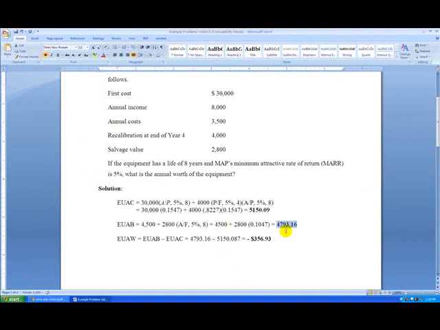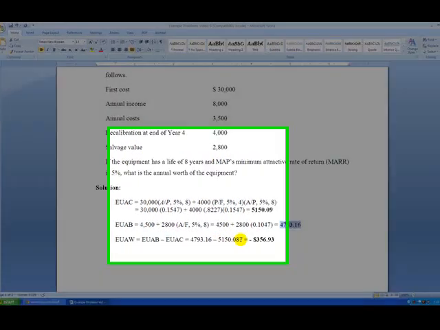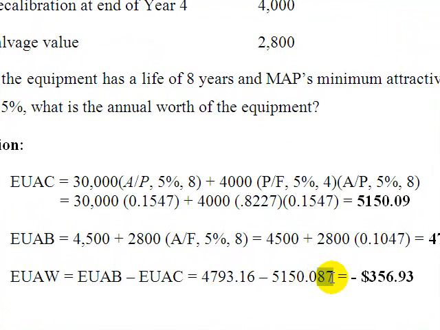Now it's simple. We need to find the EUAW, the equivalent uniform annual worth, which is EUAB minus EUAC. So 4,793.16 minus 5,150.087 or 09. If we do the subtraction, we get 356.93.